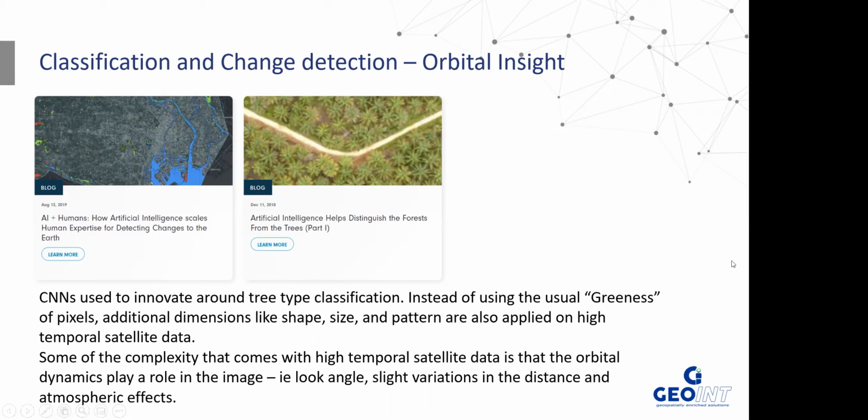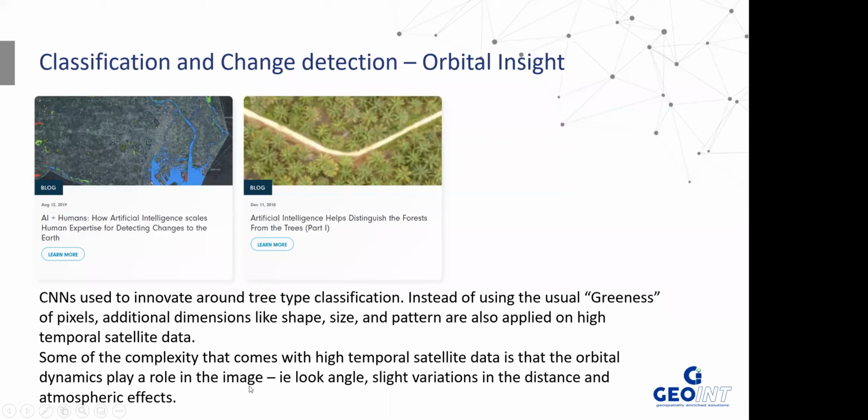Instead of using the usual greenness parameter or color of pixels to identify extent of farming and potentially the health of trees, they started to look at, in addition, dimensions like shape, size, and pattern, on high temporal satellite data. Like I described, that almost daily satellite imagery. And from there, being able to better quantify production and yield for palm oils.